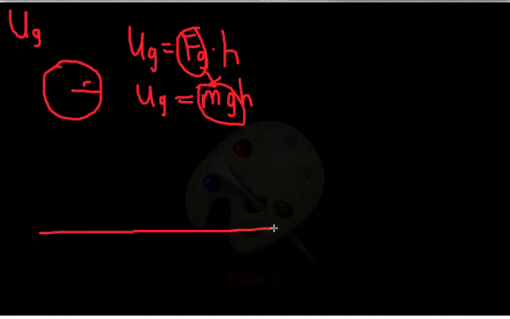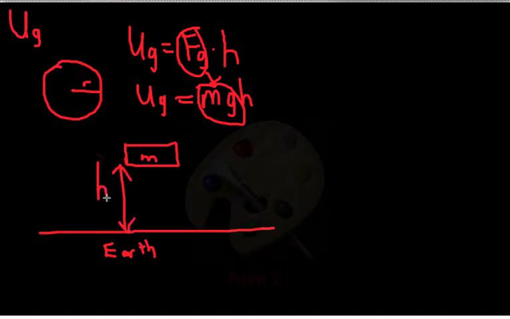So think of this as the surface of the Earth, where everything else is down here. And then we can say that we have some kind of mass m above the surface of the Earth at some height h.